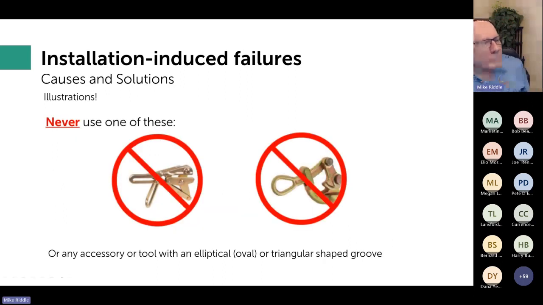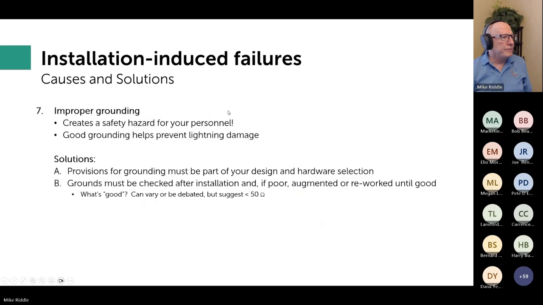So on the point of tools, in particular, you should never use, and these tools often get used during that clip-in process to get some slack in the cable, so you'll hear them called pork chop grips or Chicago grips, but never use an accessory or a tool that has an elliptical or a triangular type shape on its mouth. You're just asking for crushing the cable and damaging the optical units if you do that.